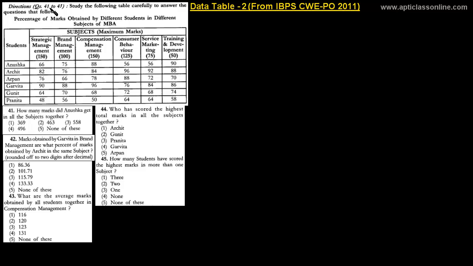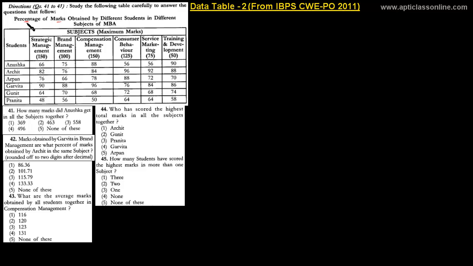So the direction to question number 41 to 45, study the following table carefully to answer the questions that follow. Percentage of marks obtained by different students in different subjects of MBA. So here we see that the table gives information about the percentage of marks obtained.